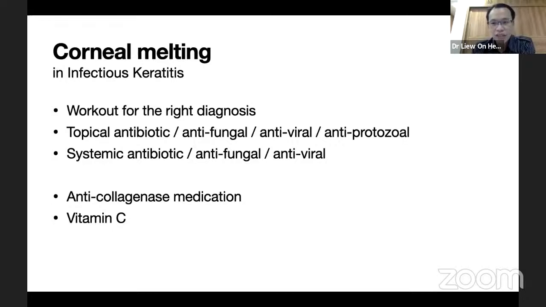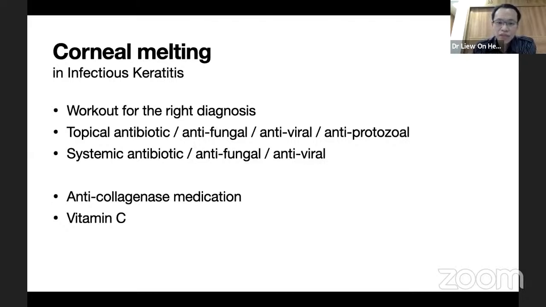However, in some cases with liver dysfunction, systemic antifungal may be contraindicated. Antiviral for necrotizing stromal keratitis is definitely yes, and we have to monitor renal function once the antiviral is started.